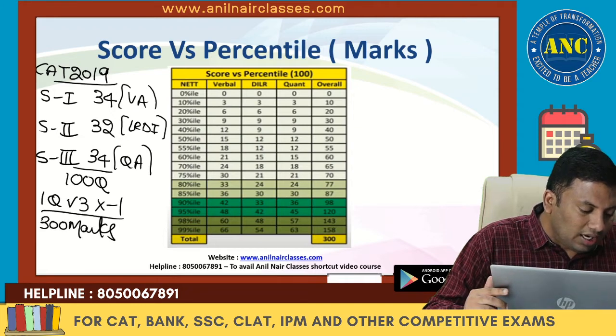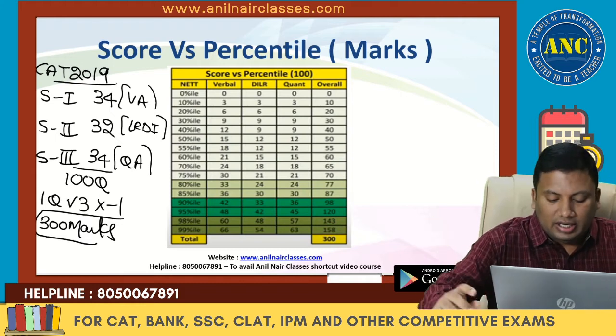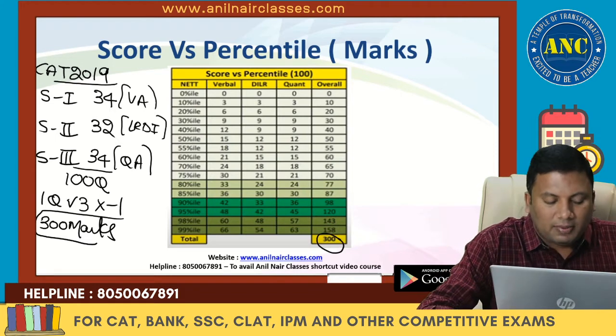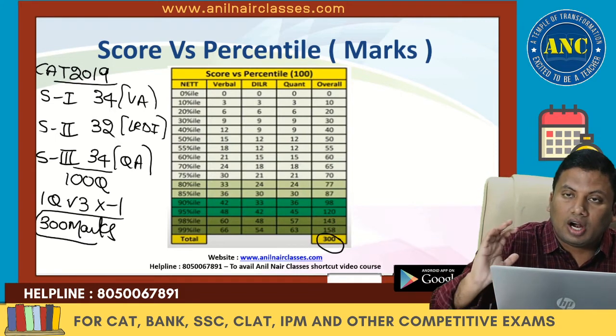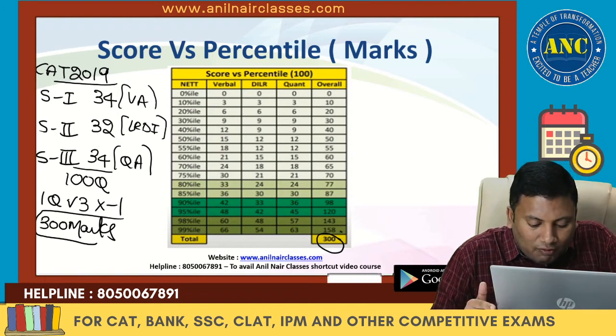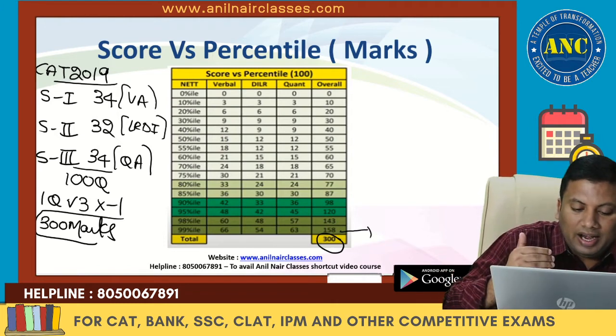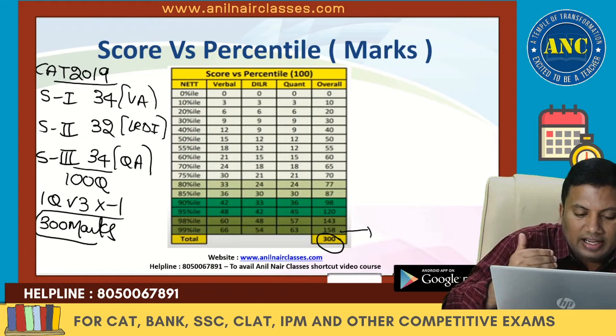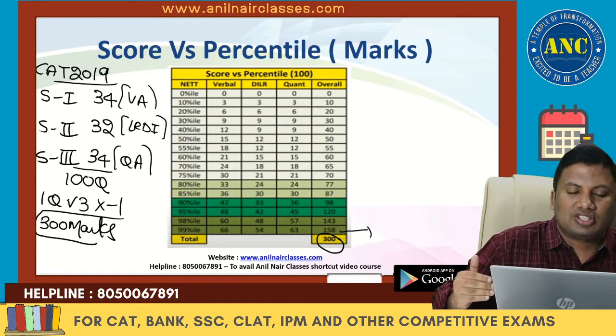Out of these 300 marks, any student who got an overall score of 158 is at around 99.2 to 99.3 percentile. I have rounded the scores and percentiles to the nearest integer value.